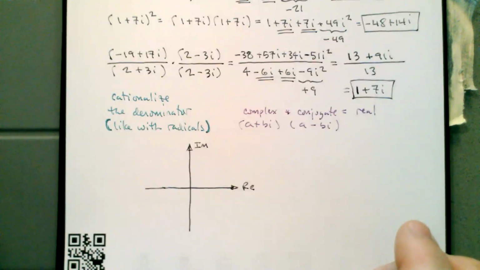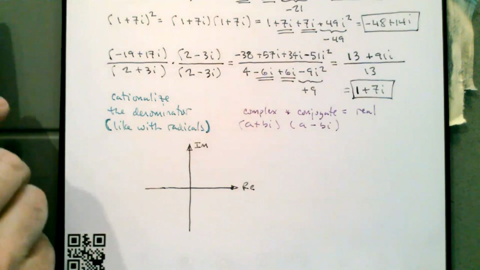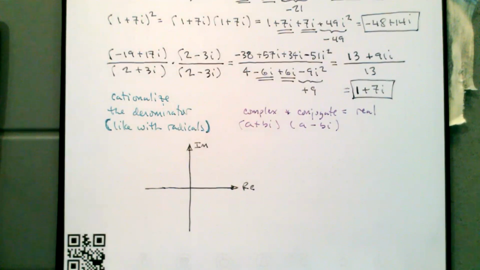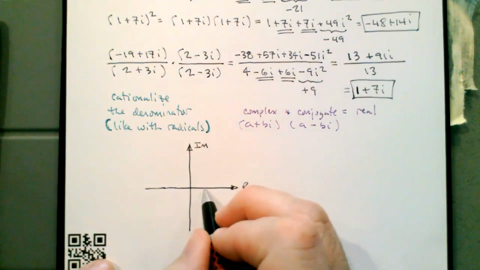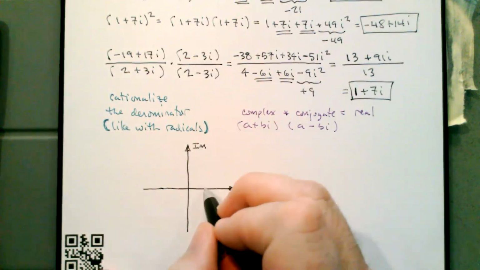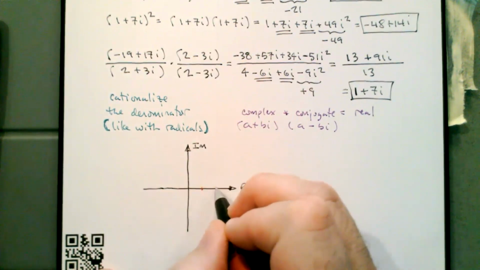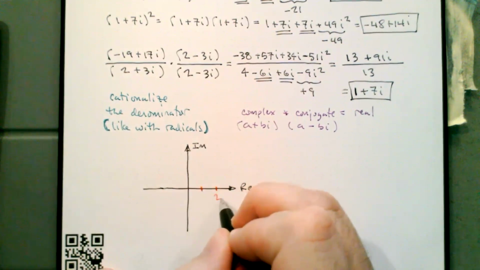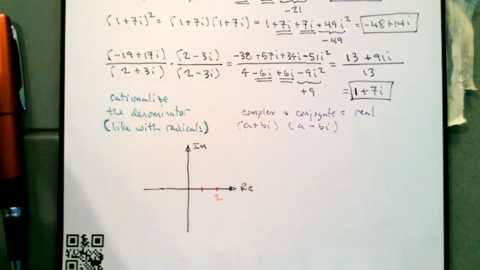So we're going to think of these numbers with two parts, a real component and an imaginary component. So the number 2 plus 3i will have a real component of 2 and an imaginary component of 3.